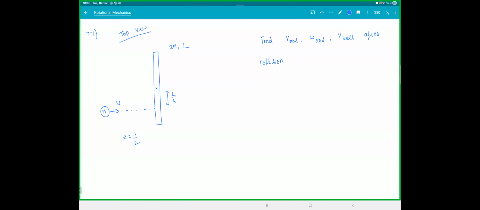Okay, let's see the equations. Let's check whether you got the equations right.